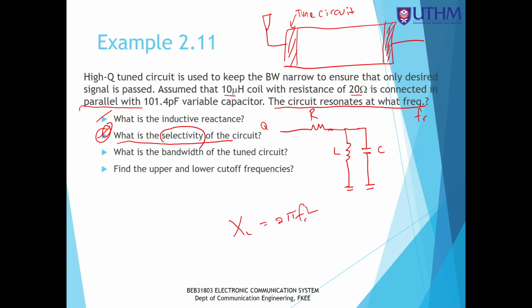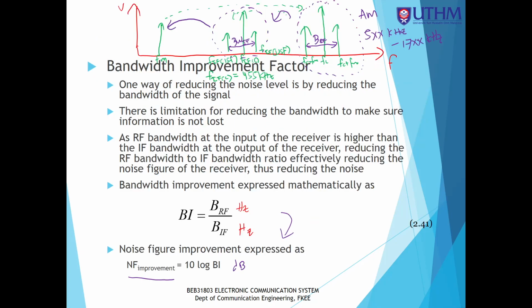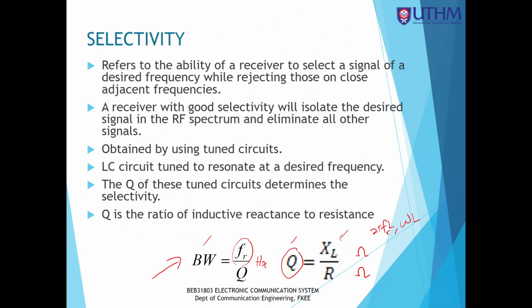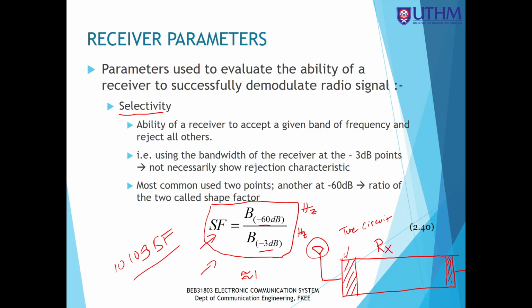If we ask in the final exam, normally we will straight away ask the student what is the quality factor. Because selectivity contains the Q factor, the bandwidth parameter, and also the other parameters. You see that previously we have the Q parameter, the bandwidth parameter, and also the SF. These are under the selectivity.